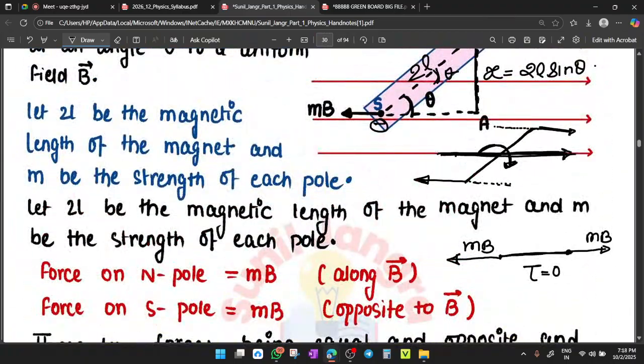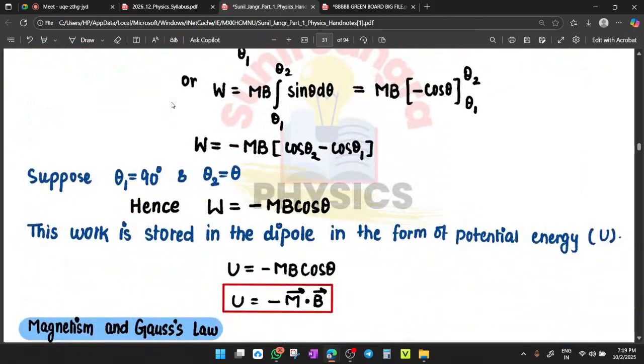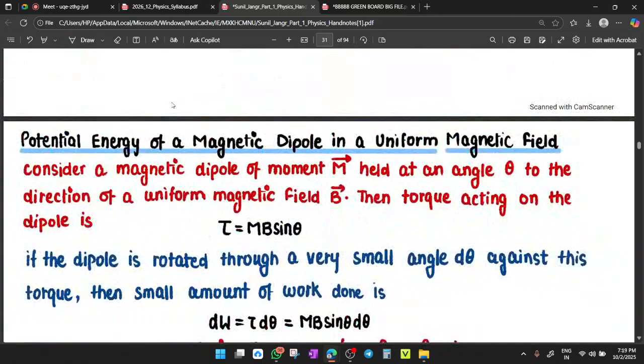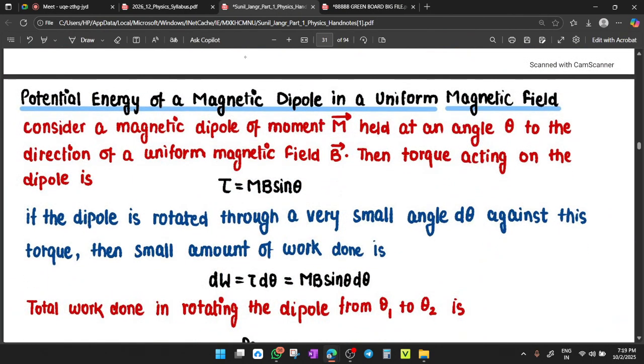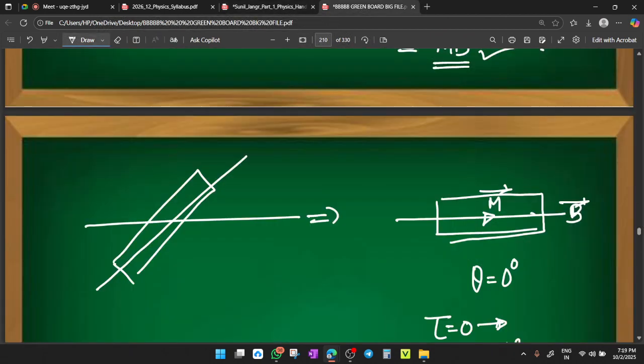Now write it. Next concept is potential energy of a magnetic dipole in a uniform magnetic field. Before obtaining the potential energy, we will calculate the work done to rotate a dipole.